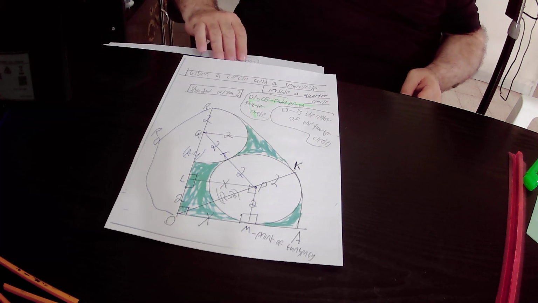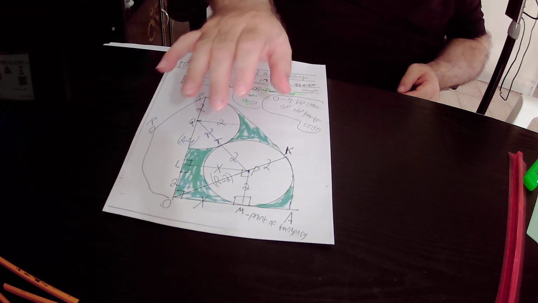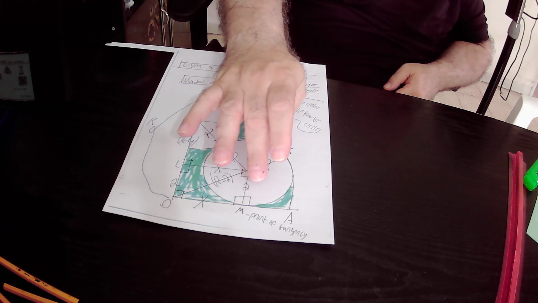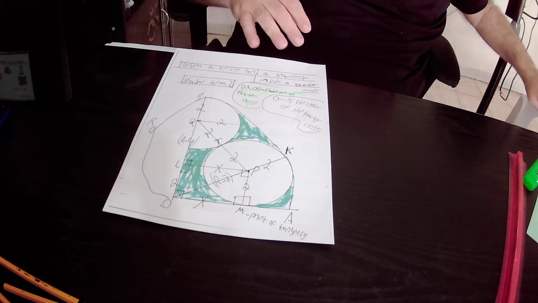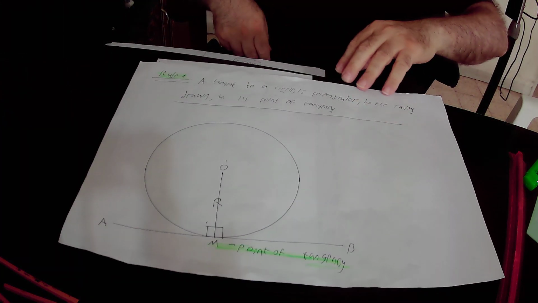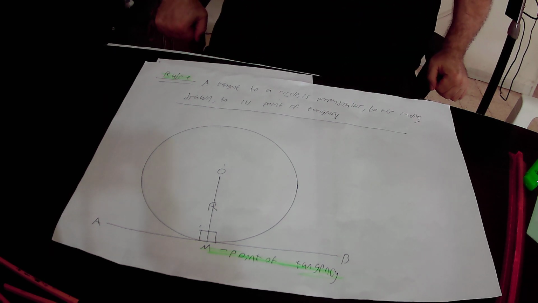Okay, so we have here tangent OA, which is tangent to this circle at point M. Point M is the point of tangency, and according to rule number 1, a tangent to a circle is perpendicular to the radius going to its point of tangency.